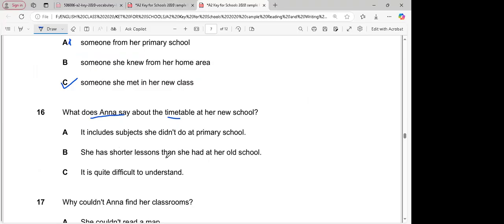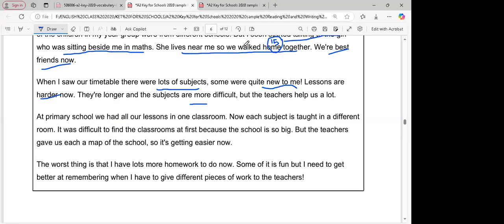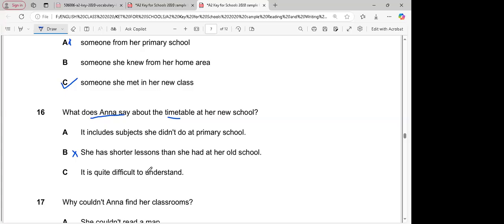No, it's longer lessons she mentioned, so it's wrong. It is quite difficult to understand. She doesn't say quite difficult to understand. Subjects are difficult, she said, but still the teachers help us a lot, right? So it doesn't fit the idea that she mentioned. So the answer is A. Okay.